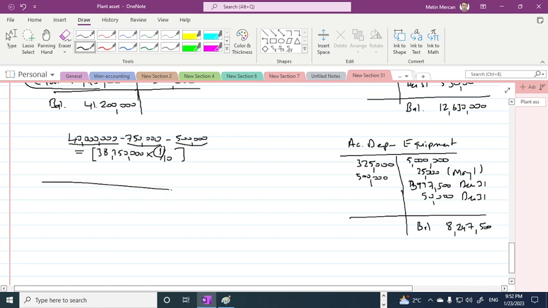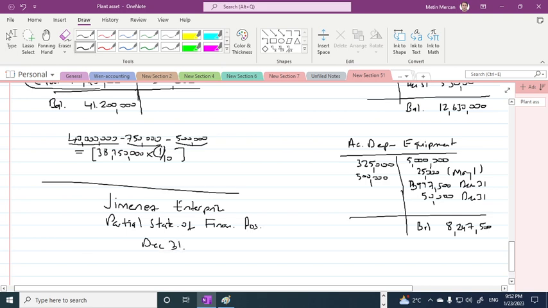All right, let's draw this company. What is the company? Jimenez Enterprises balance sheet. This is a partial statement of financial position, December 31, 2020.